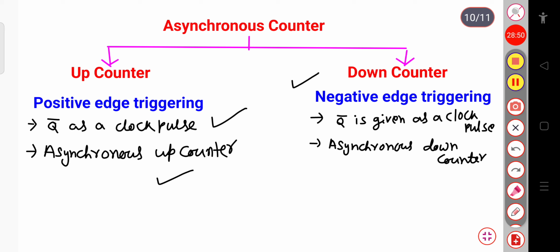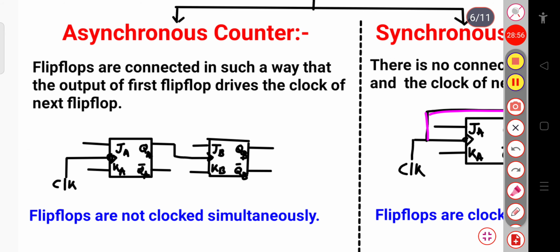asynchronous up counter. I have already told you that in this asynchronous counter, this QA can be given as a clock pulse, or this QA bar can also be given as a clock pulse. Here I am representing a bubble with an arrow, so this is negative based triggering.